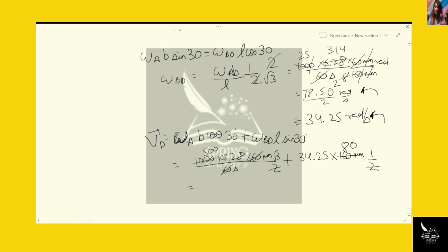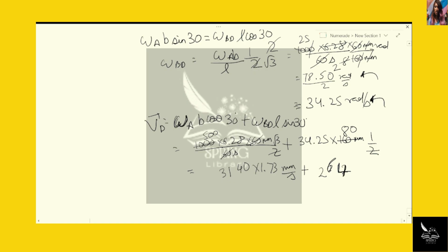So let's simplify this further. 5 8s are 40, 5 2s are 10 plus 4, 14, 5 6s are 30 plus 1, 31. 40 times 1.73 millimeters per second, plus this will be 8 5s are 40, 8 2s are 16 plus 4, 20, then 8 4s are 32 plus 2, 34, and then 8 3s are 24 plus 2, 26. 264.